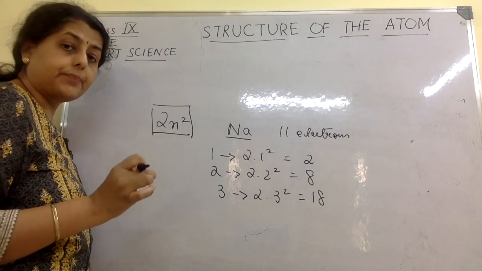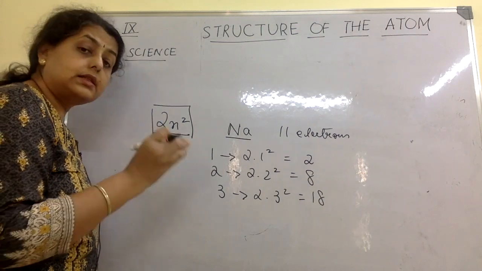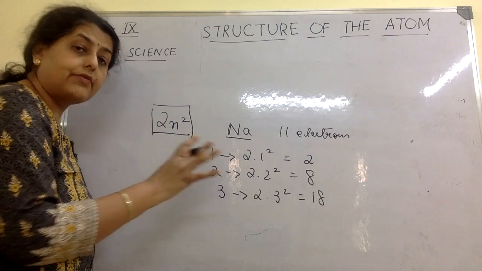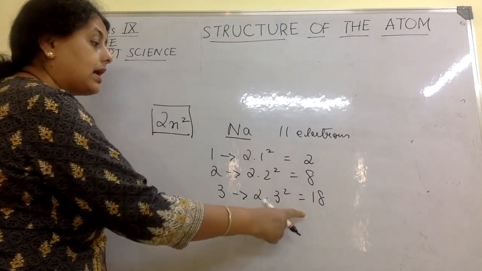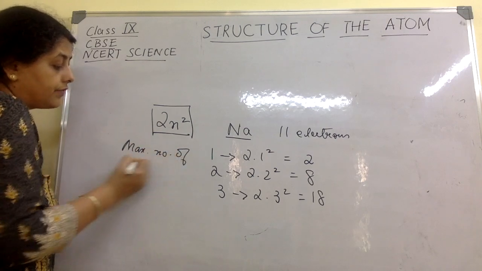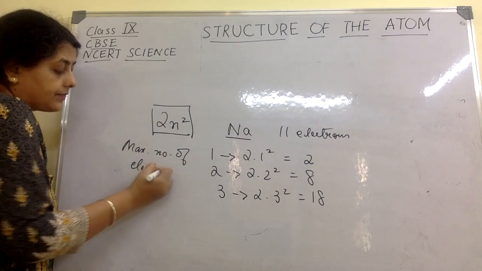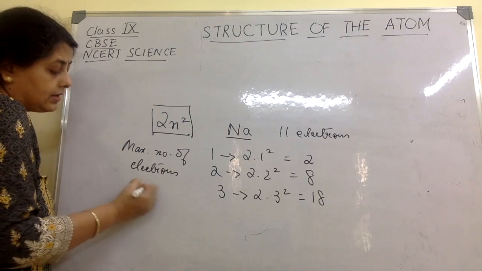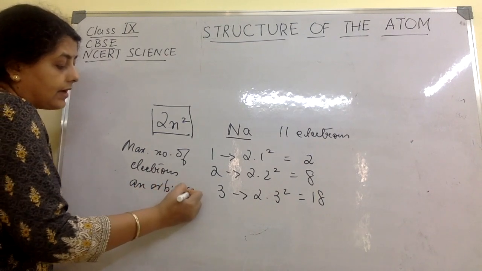Now I want to tell here, it is not necessary that the third orbit will have 18. These numbers are the maximum number of electrons an orbit can have.